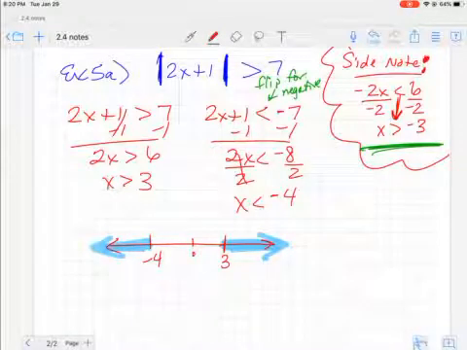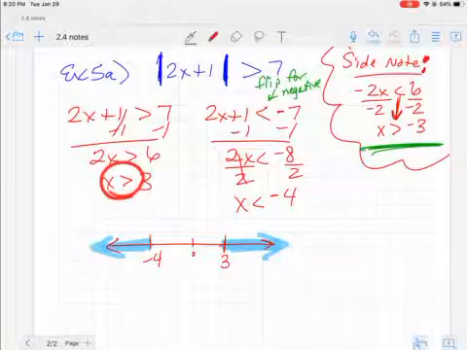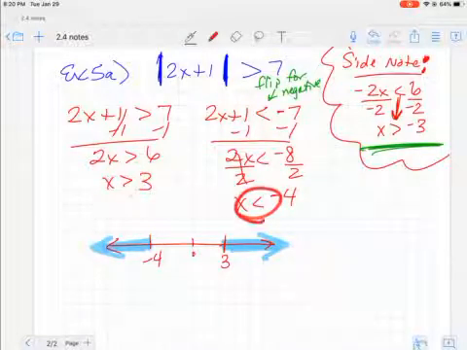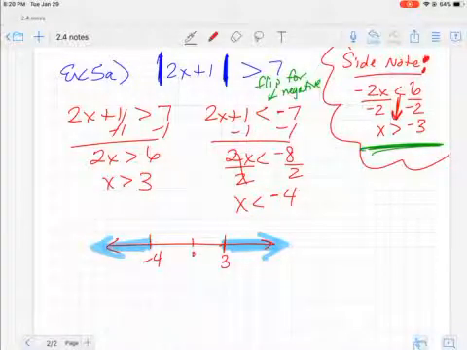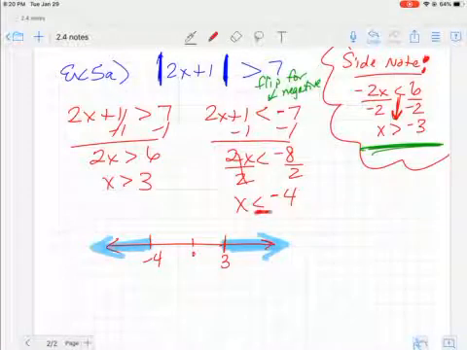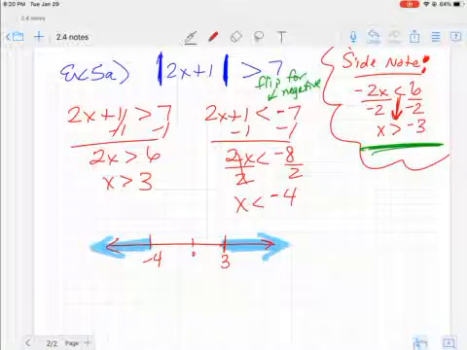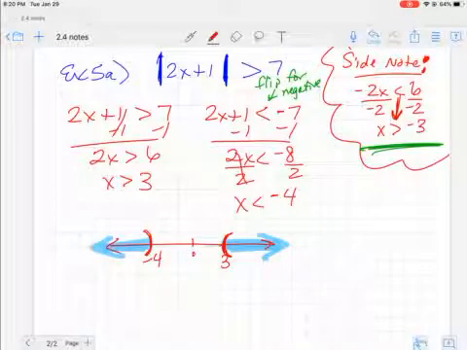Look at your symbol. When you have a greater than or a less than sign, you're using parentheses. If it were or equal to, then we would use a bracket, right? So we're bringing back that set notation, trying to remember how that works. Then you write your set notation. Set notation is a direct write out for what you have.